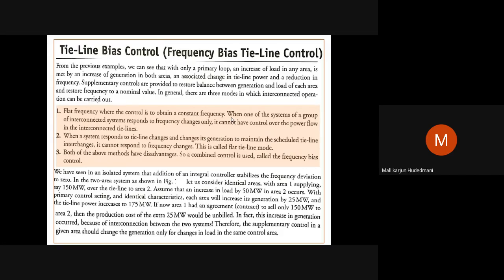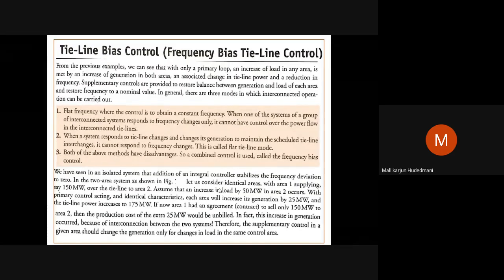Flat frequency control of interconnected systems means only certain identified systems respond to a change in frequency and the rest will stay as they are. This system will not look for power delivery. It will not look at how much power is flowing on the tie line. It will not monitor that. It will monitor only frequency.